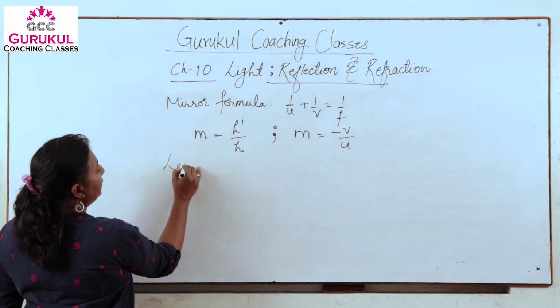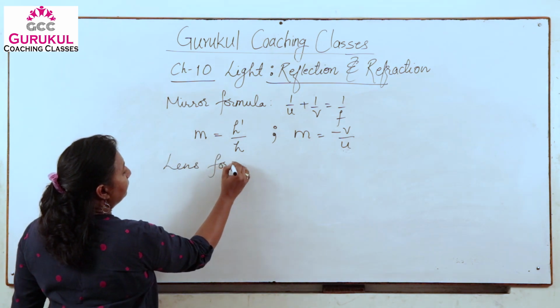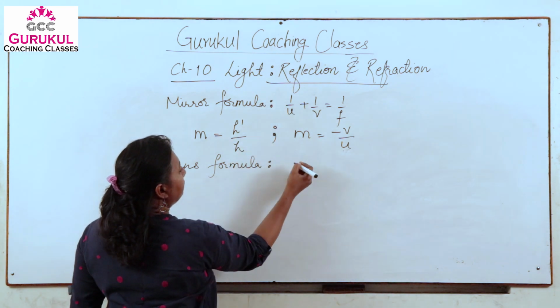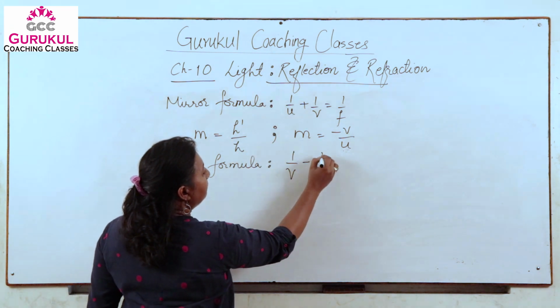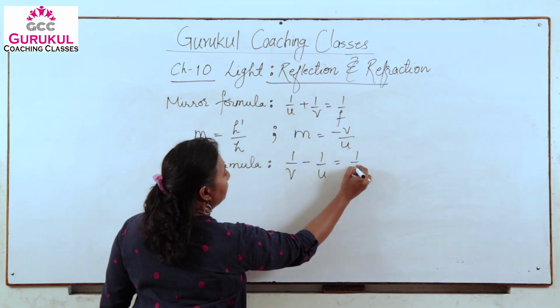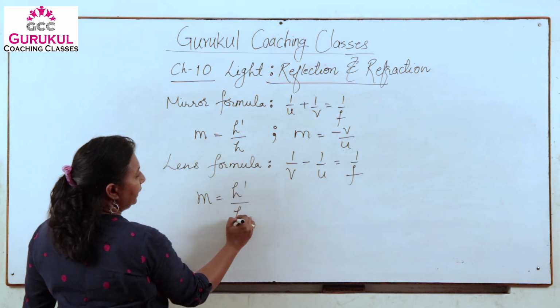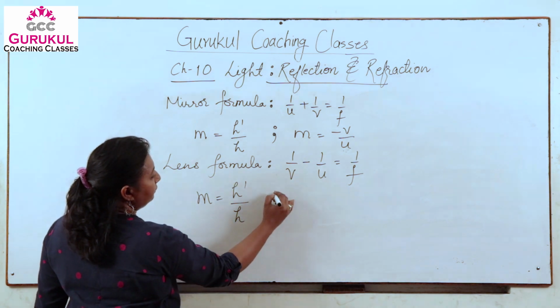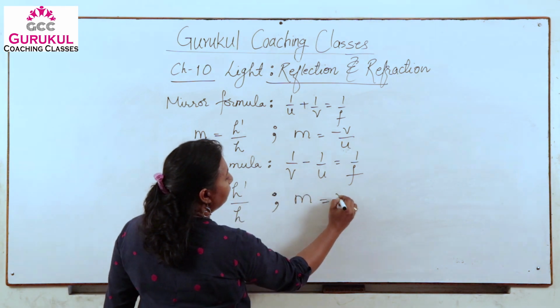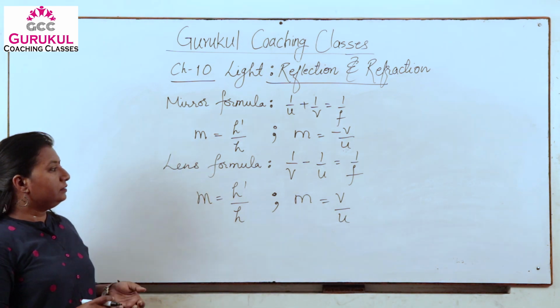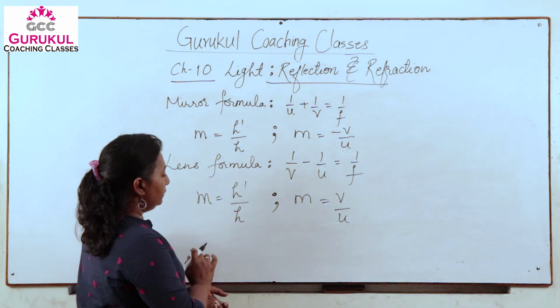Lens formula is 1 by v minus 1 by u is equal to 1 upon f. Magnification is h dash upon h. It is also given by m is equal to v by u. So these are the important formulas which we have to use.